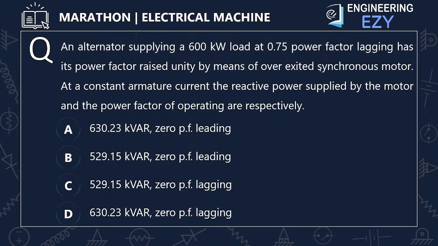The synchronous motor is working as a load and as a synchronous condenser. At constant armature current, the reactive power supplied by the motor and the power factor of operation are respectively? So easy. You can easily calculate.